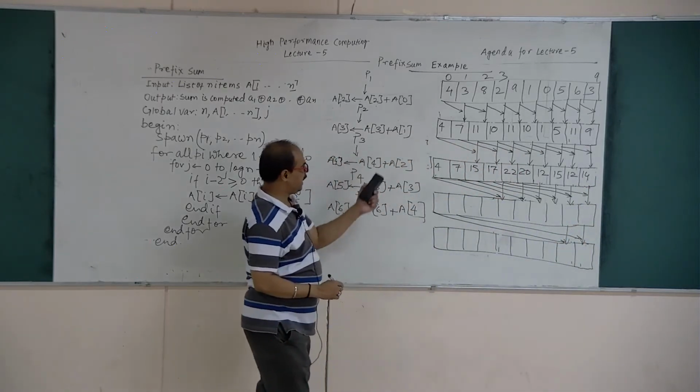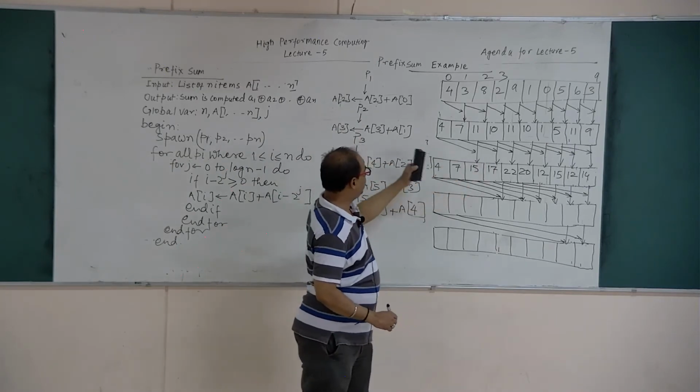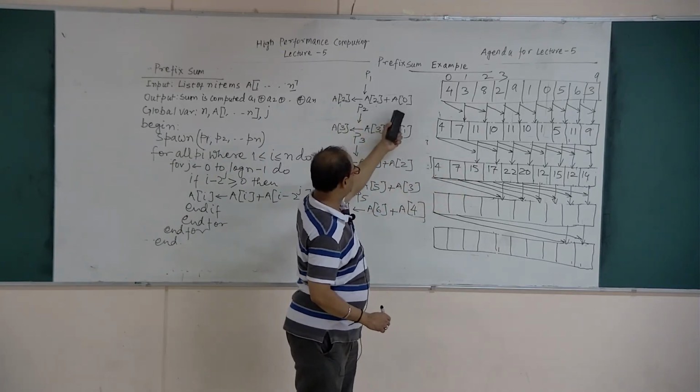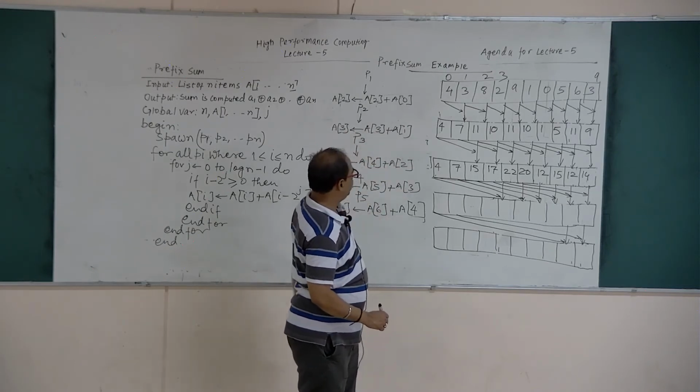So you can see that processor P1 is adding A2 plus A0, P2 is adding A3 plus A1, and so on and so forth.